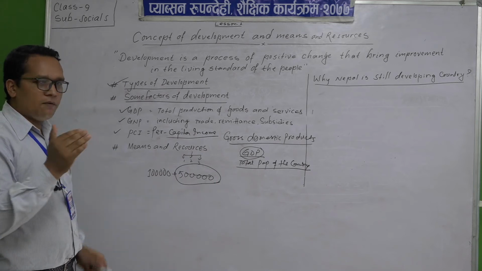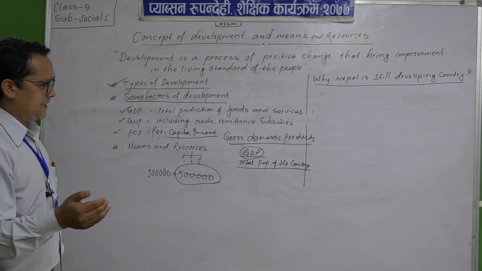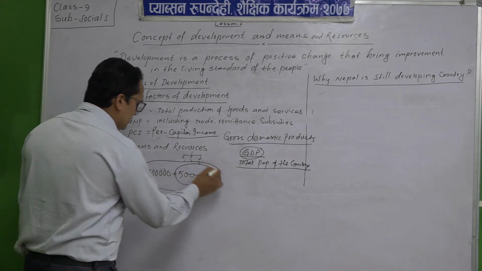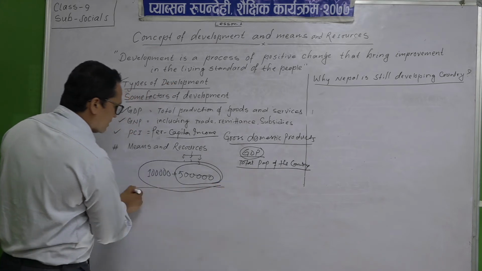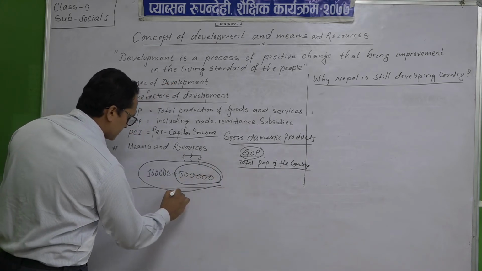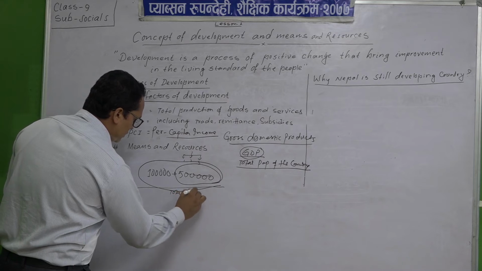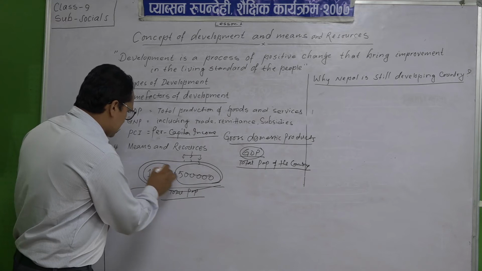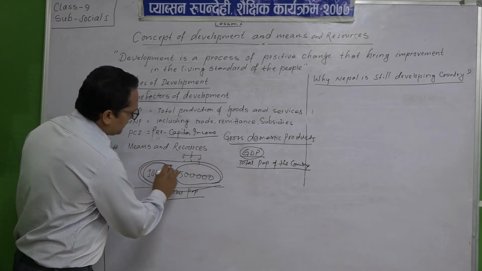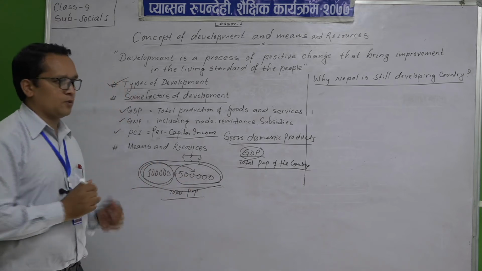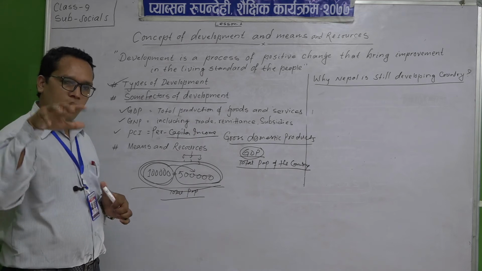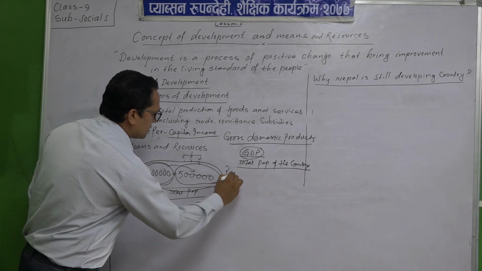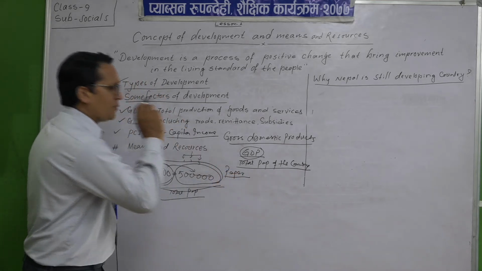But while finding the PCI, all this earning is divided by the total population. So the rich people's money is also divided among the poor people, that is on paper only.